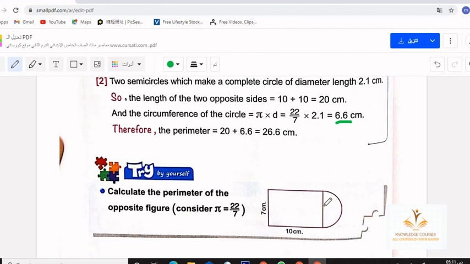Calculate the perimeter of this opposite figure. This is a half circle, and a half circle. Okay?